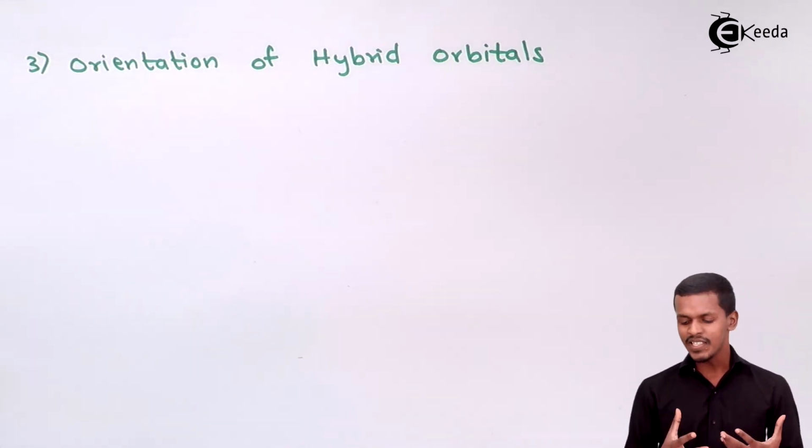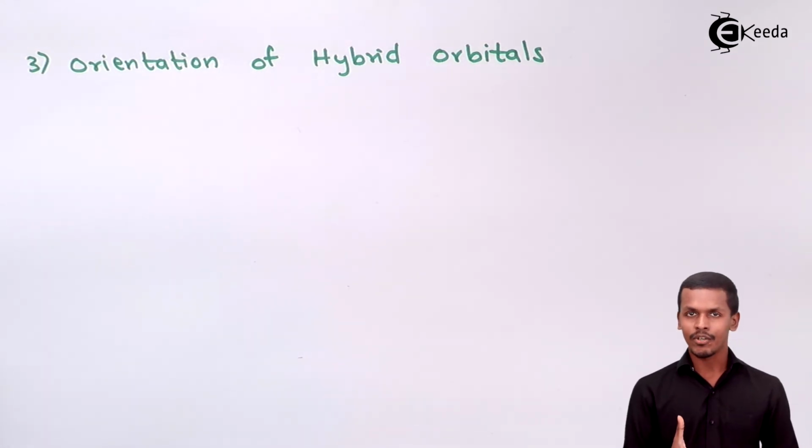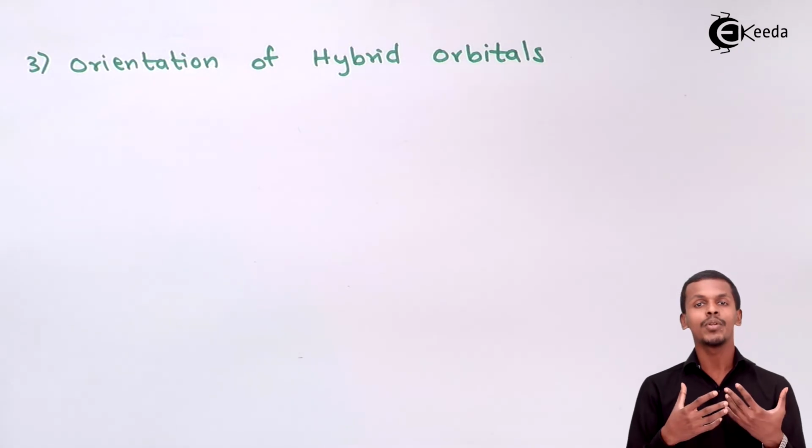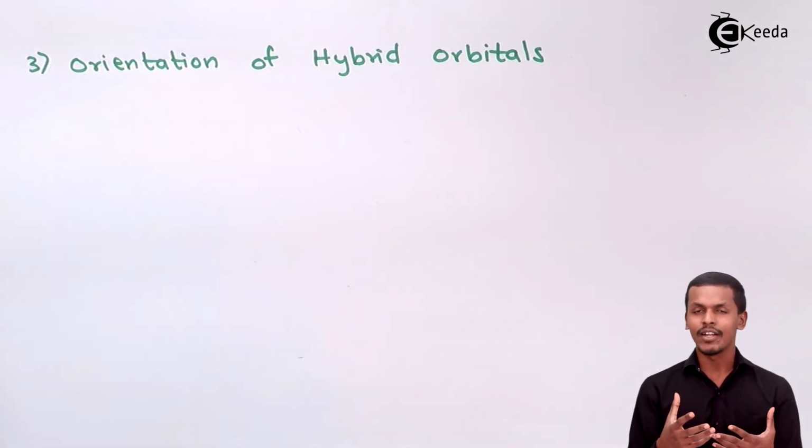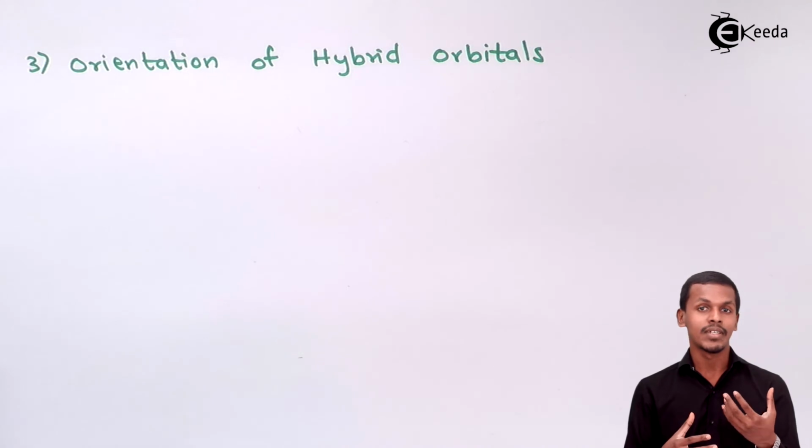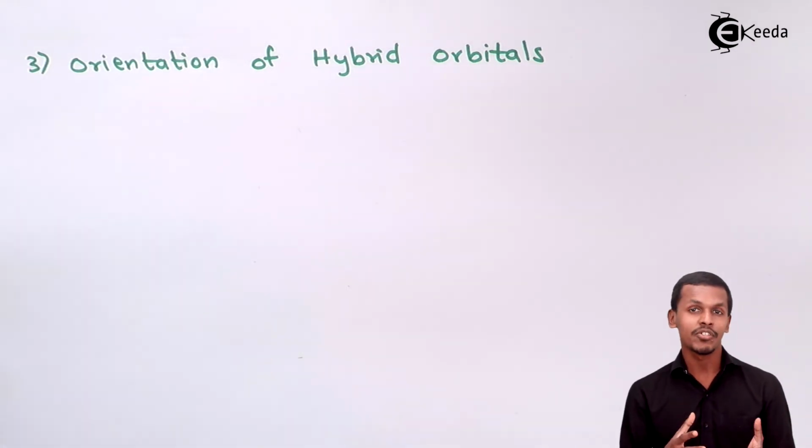This is basically the distribution of the electrons present in the respective atomic orbitals in such a way that there should be no repulsion or any kind of interaction that could disturb the geometry.